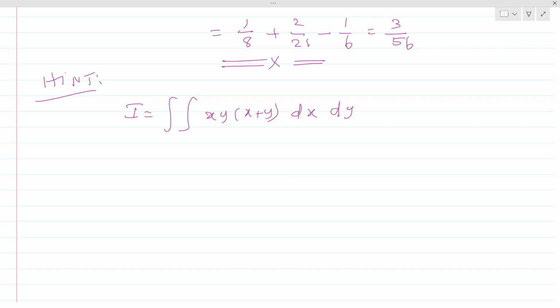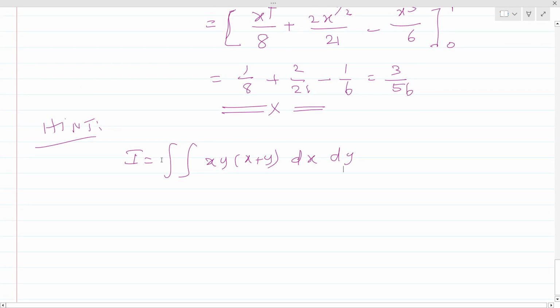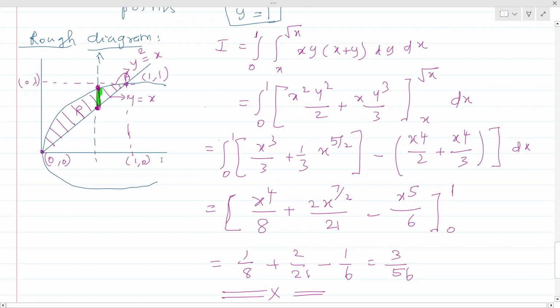Then what about the limits? And what is the answer for this? The answer will not change, 3 by 56. Okay, then how can we write the limit? Already, what is the inner integration variable? Y is the inner integration variable.